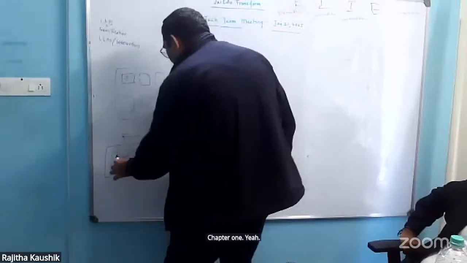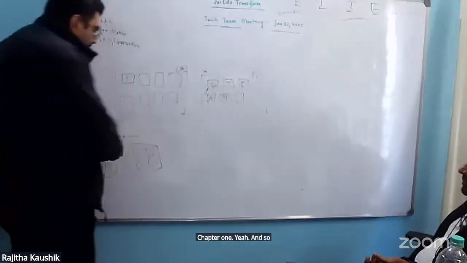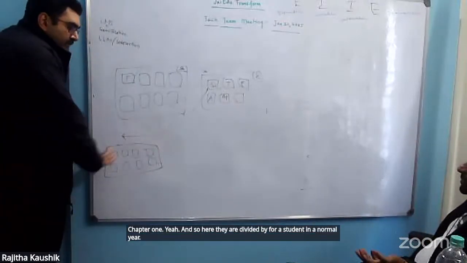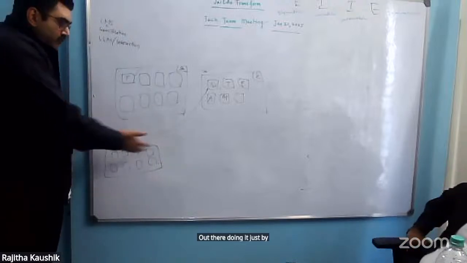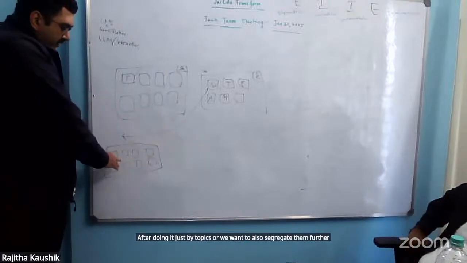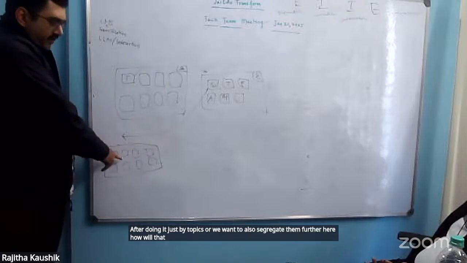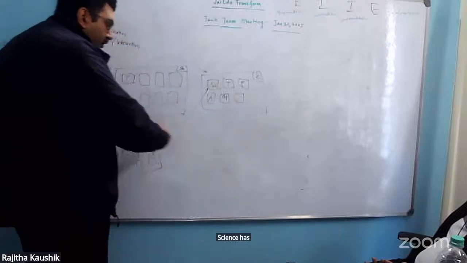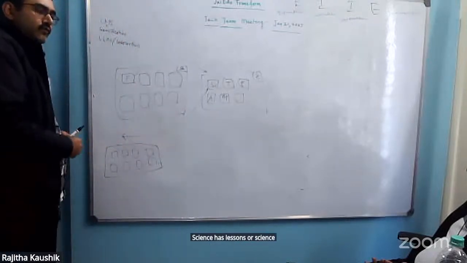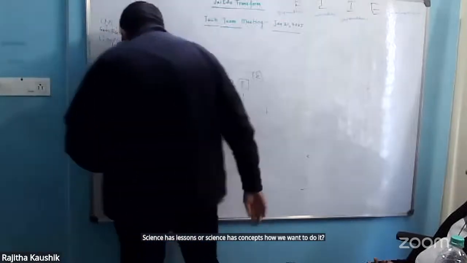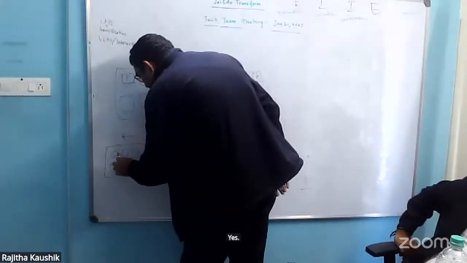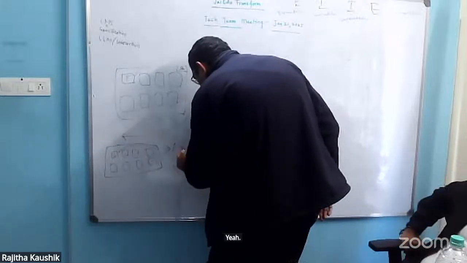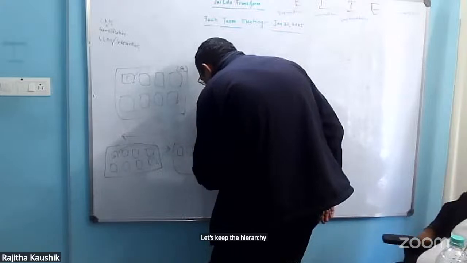For a student in a normal year, are they divided just by topics, or do we want to segregate them further? Science has lessons or science has concepts. Yes, science has lessons as topics or concepts. Correct. Let's keep that hierarchy.